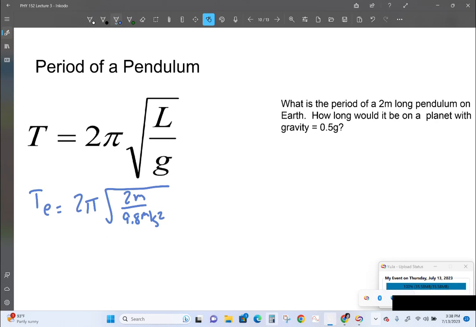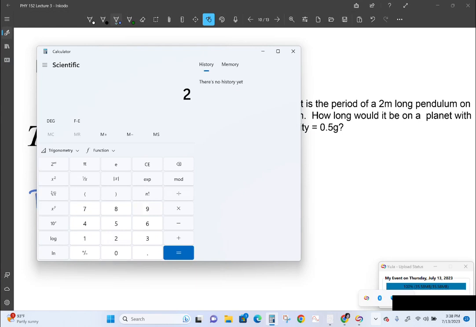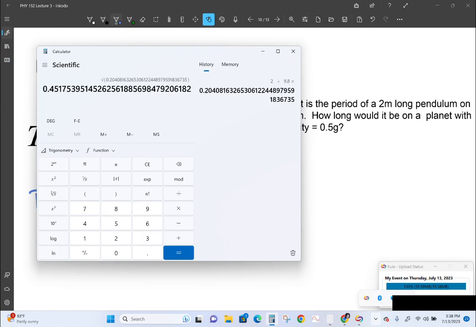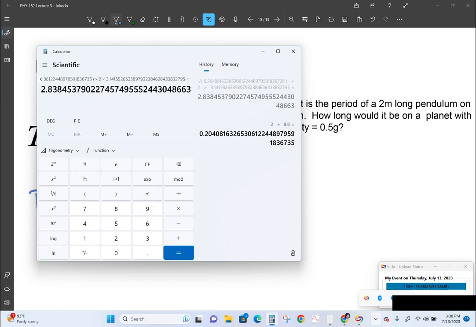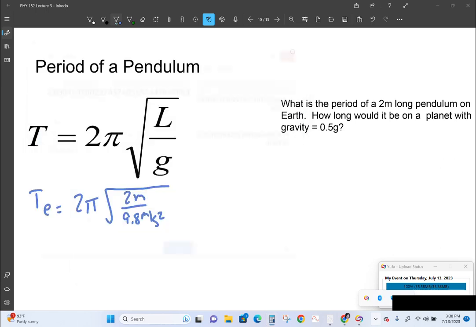So if I put all that in, 2 divided by 9.8, take the square root of it, times 2 times pi, and I get 2.84. So it would have an answer of 2.84 seconds.